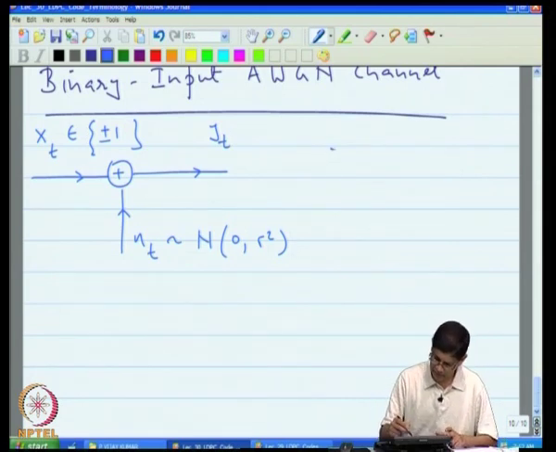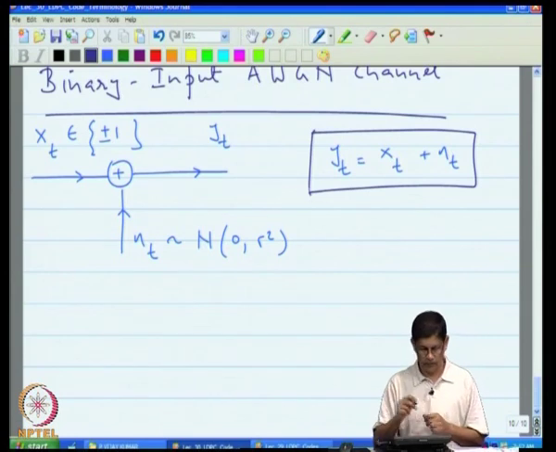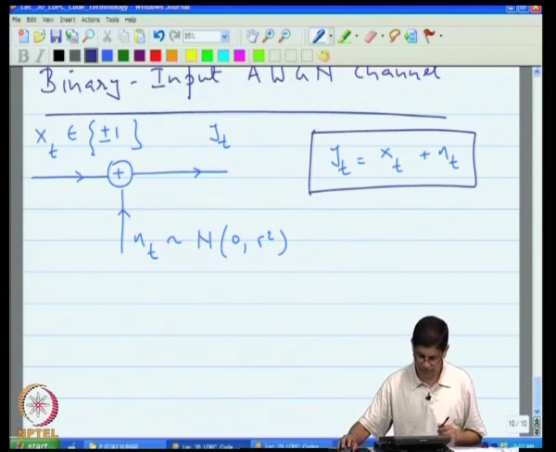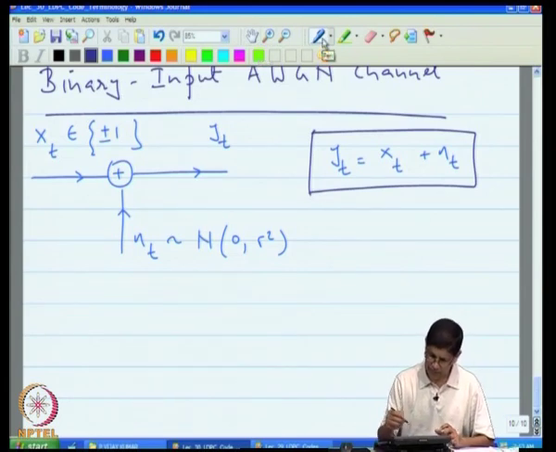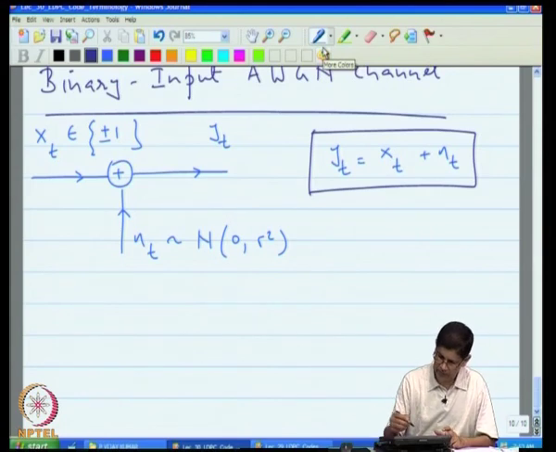So, y of t is equal to x of t plus n of t. That is the typical representation, and keeping in mind the nature of the Gaussian density function, I can draw the following picture.